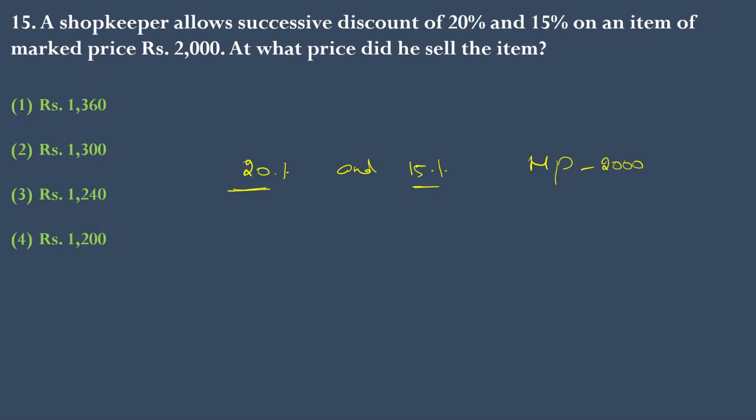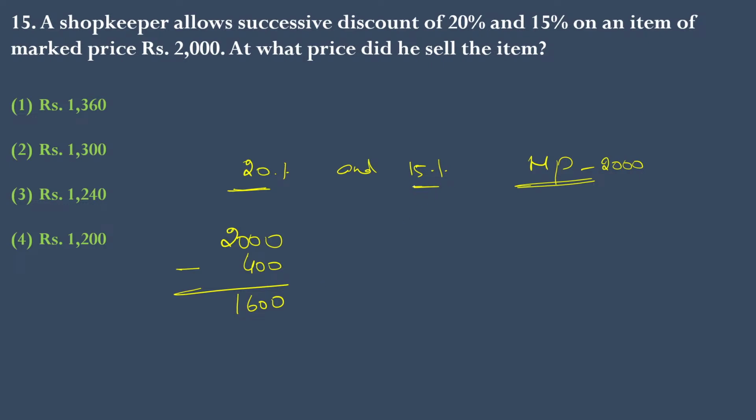We can solve this by using the assumption of 100 or directly on the marked price. Here the marked price is 2000. Minus 20%, 20% of 2000 is 400, so 1600 is there.